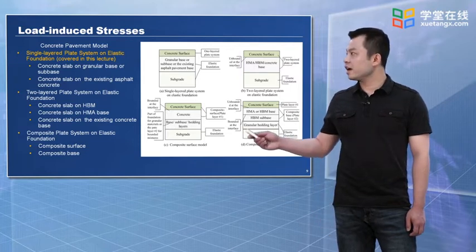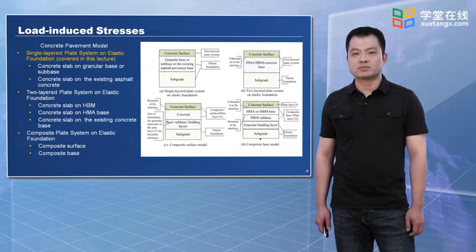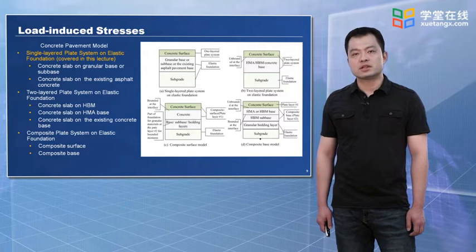Figure C and D show the composite plate system. It could be a composite surface or composite base. You can find detailed descriptions in this figure or in the design specification.